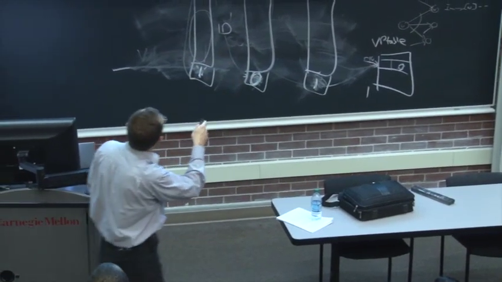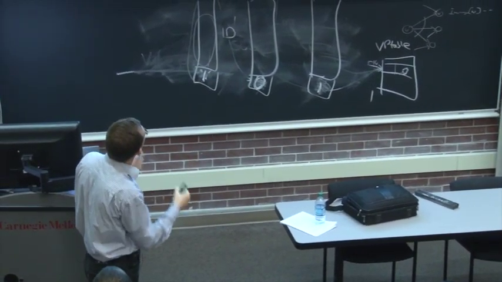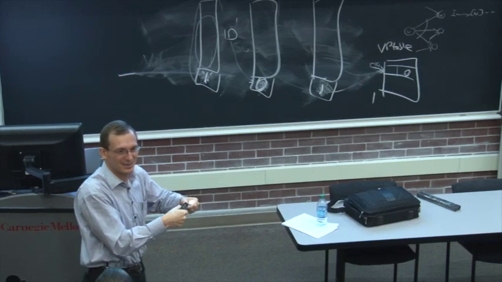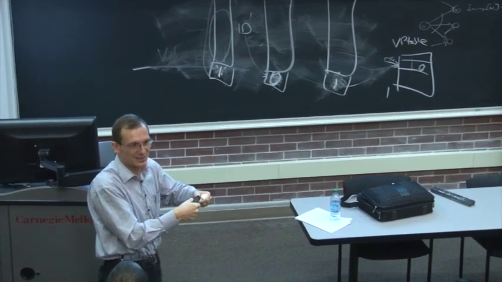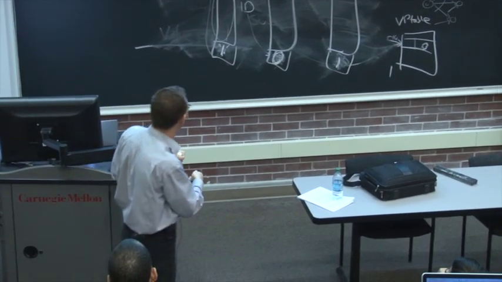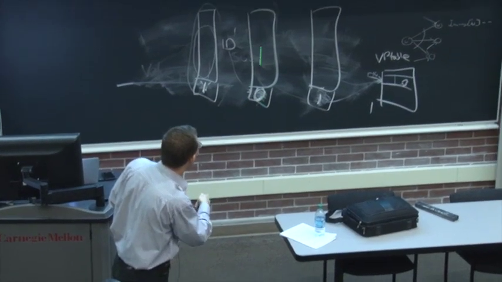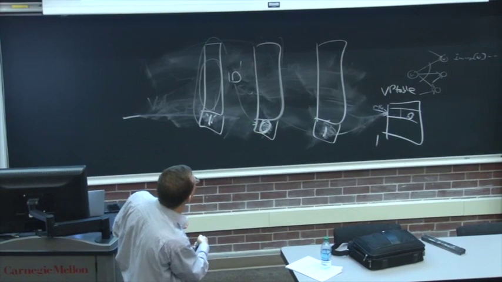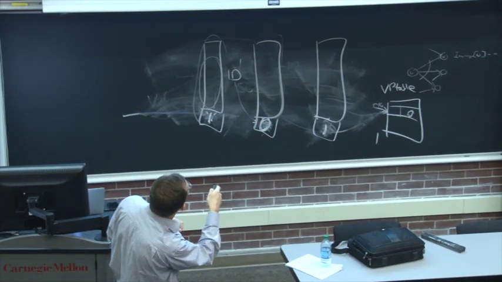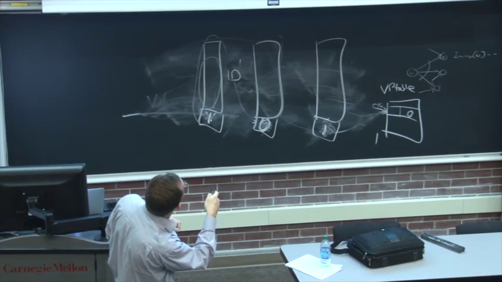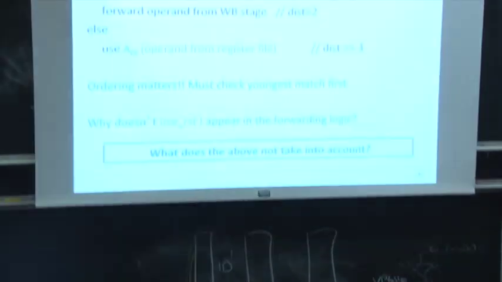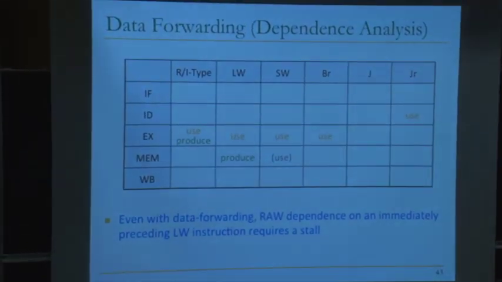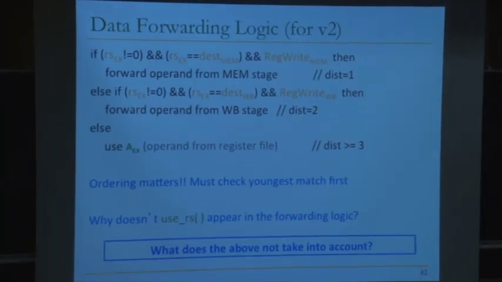Although you could argue that that reg write is gated with the valid bit. Right? Okay? So when you're designing your pipeline, you've got to be careful and ensure that invalid pipeline stages with invalid operations do not forward the wrong data. Okay? Because that could affect the correctness of this.